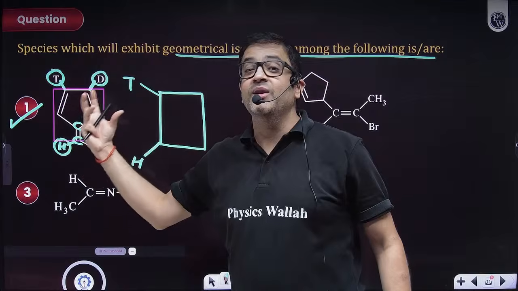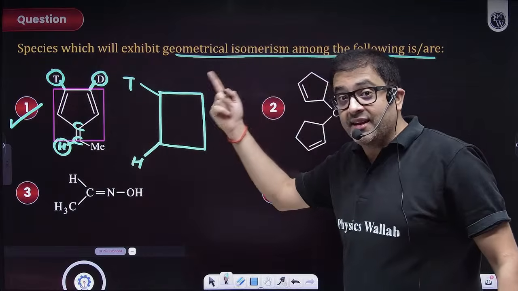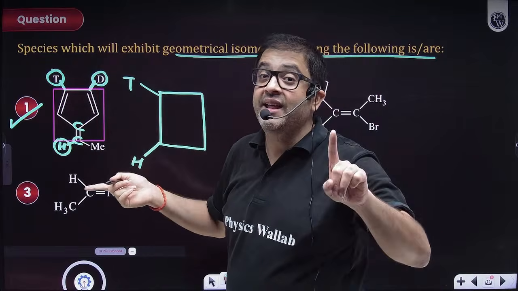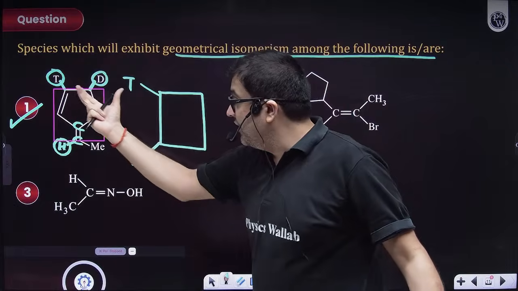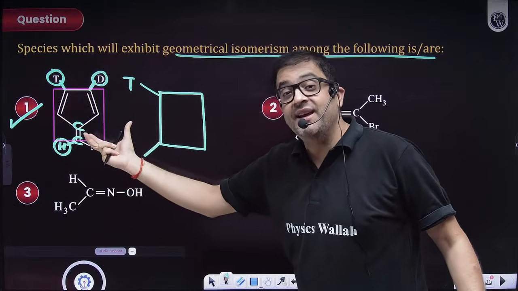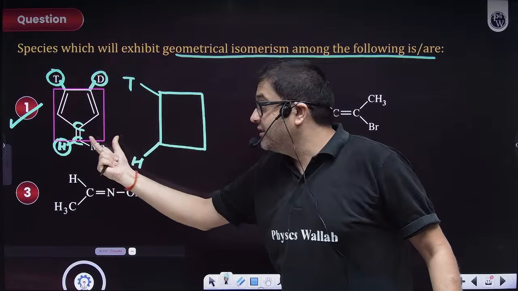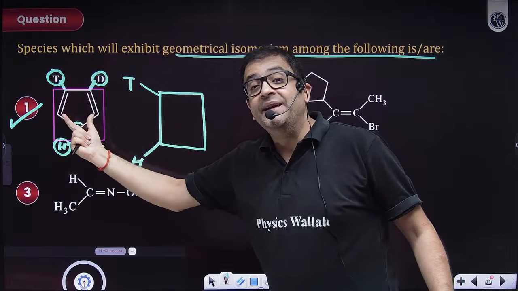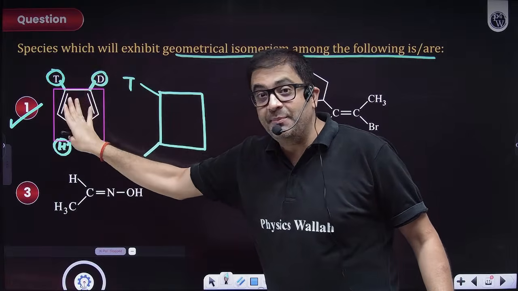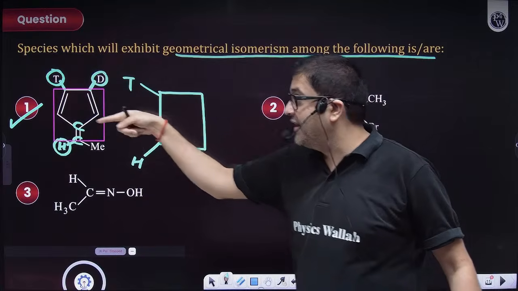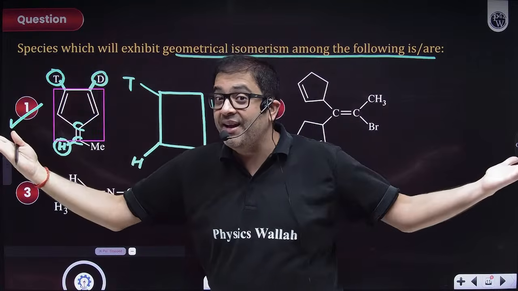That's why in the previous slide, where I've given a note, I've said generally, but here a scenario has taken place where this pi cloud has made the complete carbon restricted in a single plane, so the complete carbon has become planar and their bonds are also in the same plane.